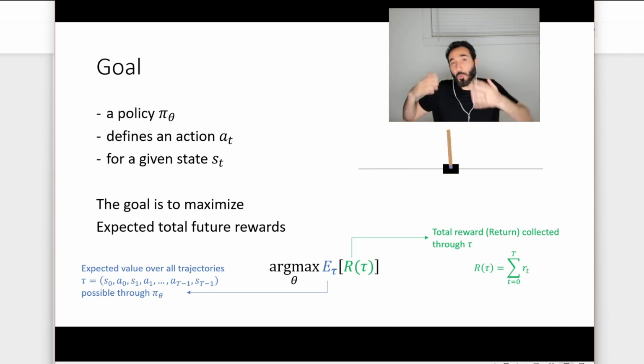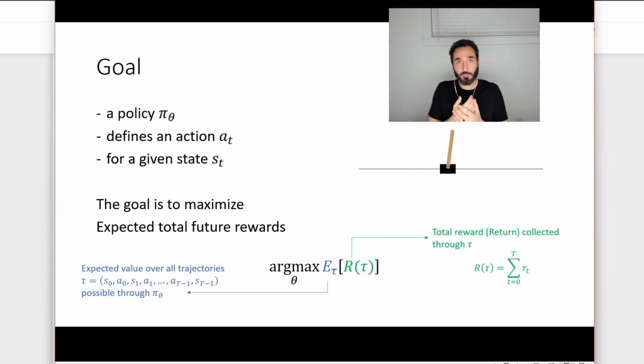So the actual goal of training the neural network is to come up with a neural network that, when it observes some state of the system, can take a chain of actions that in expectation leads into a very high reward.